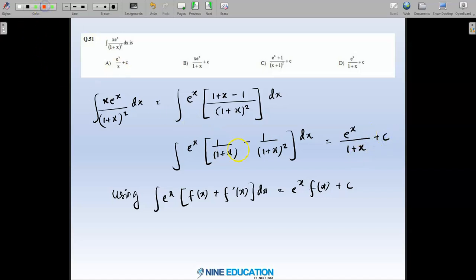Because if you observe, the differentiation of 1 by 1 plus x is basically minus 1 by (1 plus x) whole square. So this is the given function here, and this is f dash of x with its negative sign, you can observe there. So clearly using this result we can say that option number D is correct.